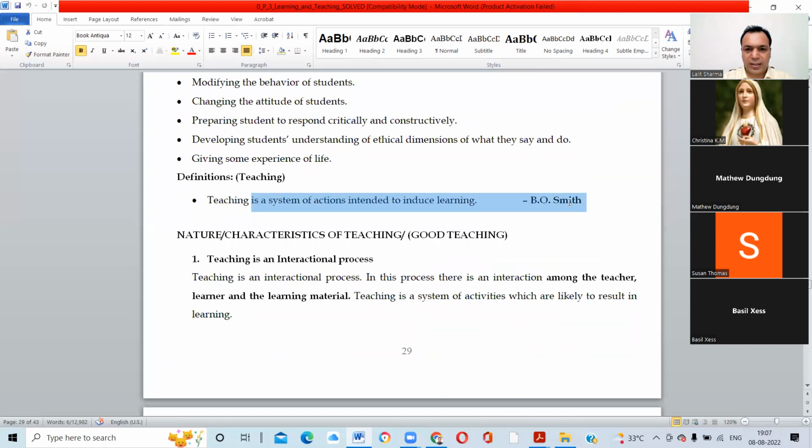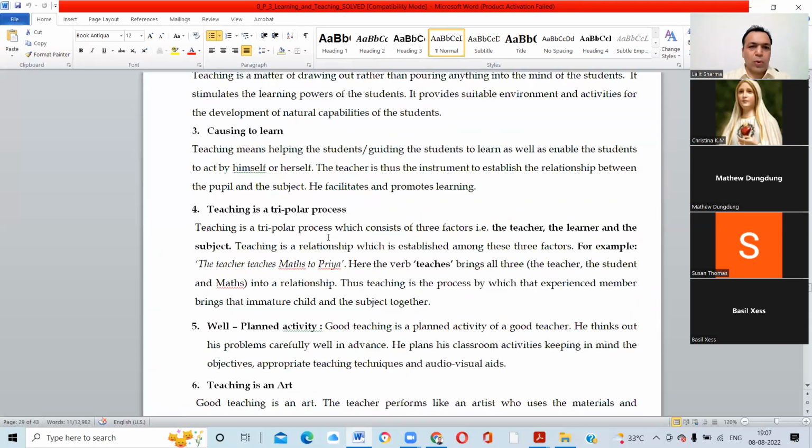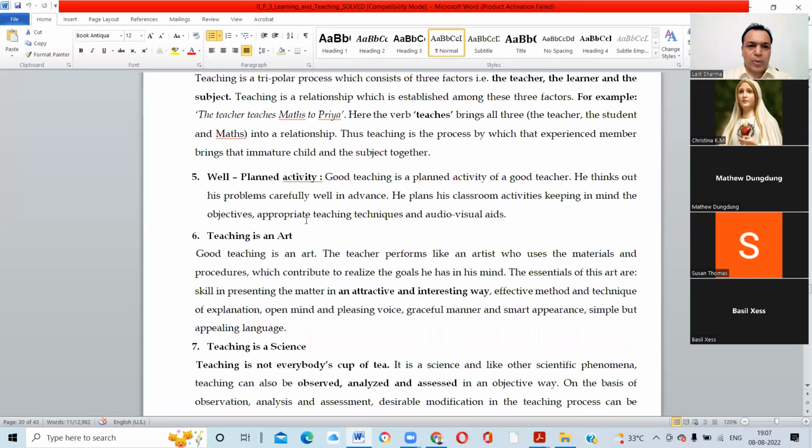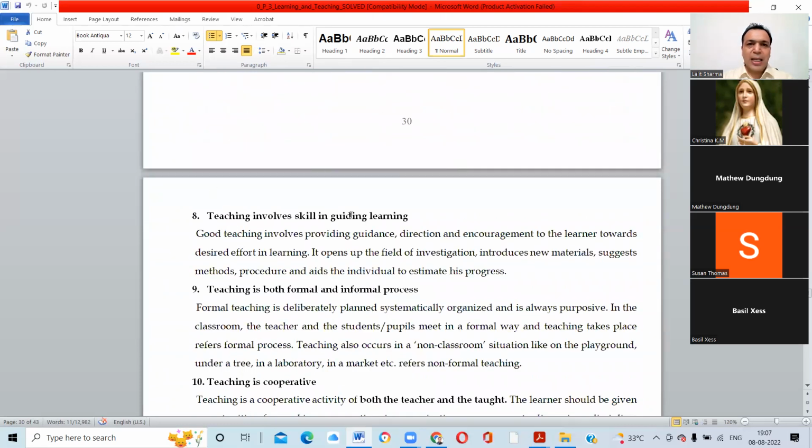It is a system of actions intended to induce learning. Then you have to define the characteristics of teaching. Teaching is an interactional process, a matter of drawing out, causing to learn, a tripolar process, a well-planned activity, an art, and a science. So guys, you just have to note the points.